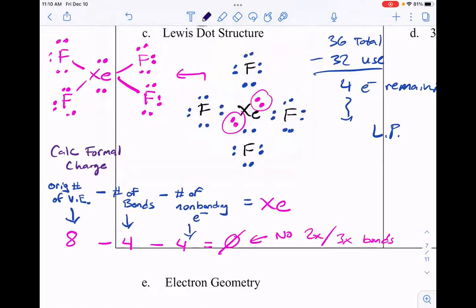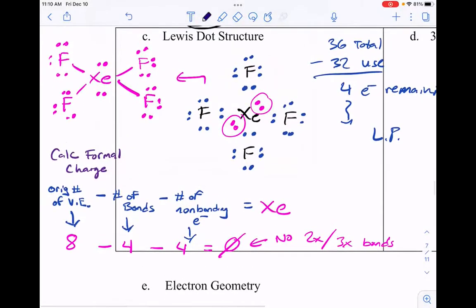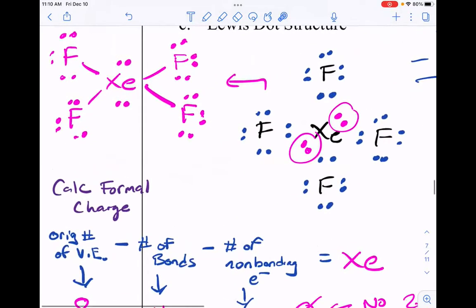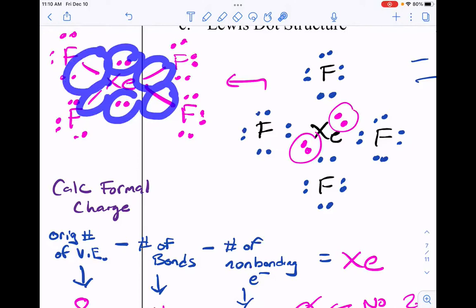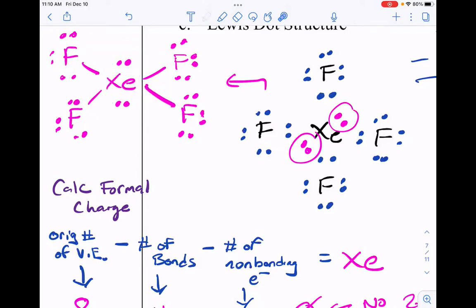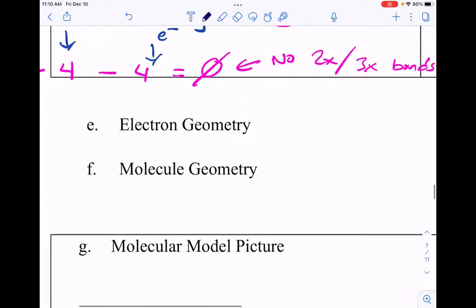Let's go ahead and talk about electron geometry. Focusing on xenon, how many groups of electrons do we have? 6. Right, 1, 2, 3, 4, 5, 6. So there are 6 groups of electrons. What is the electron geometry?